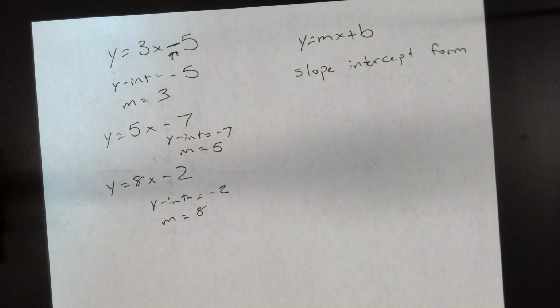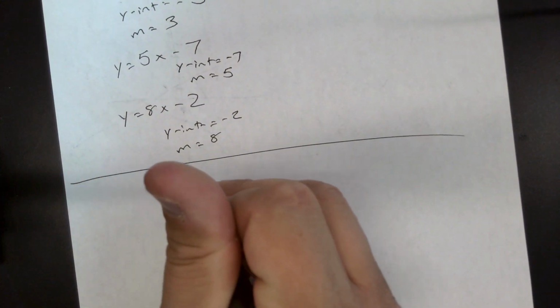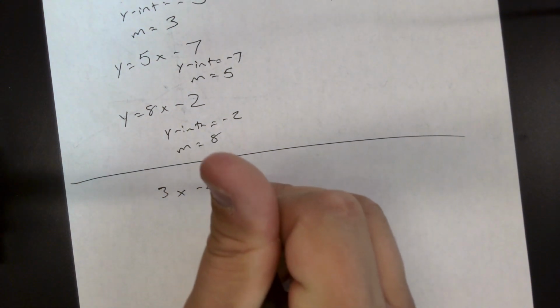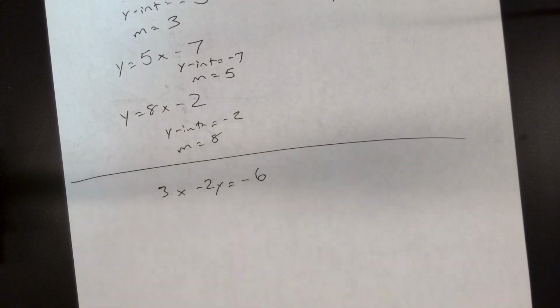The really, really hard thing is when it gives us something that looks like this: 3x minus 2y equals negative 6. Let's do negative, just for the heck of it.